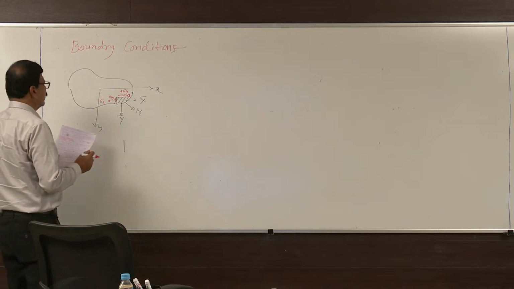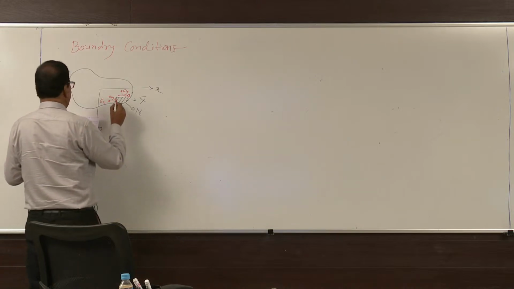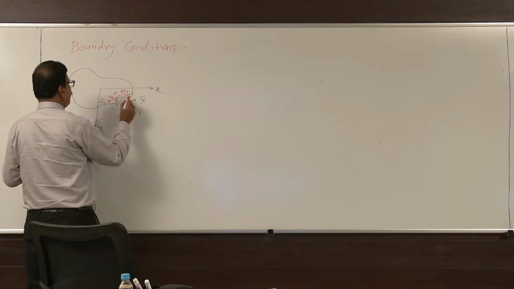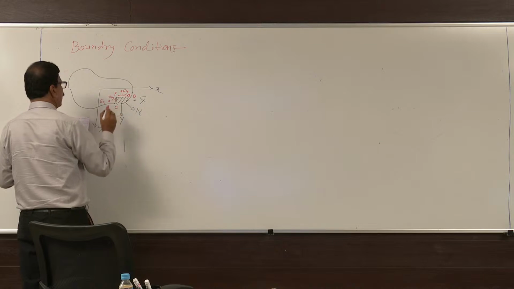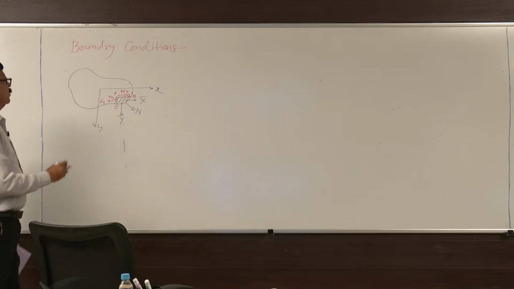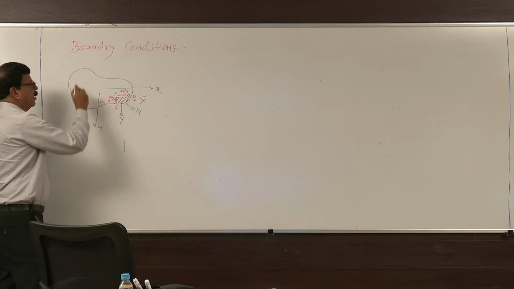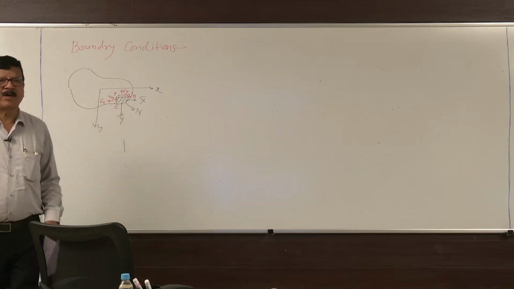Name the sites: point P, this is B and this is C. PBC from the mass of the body.